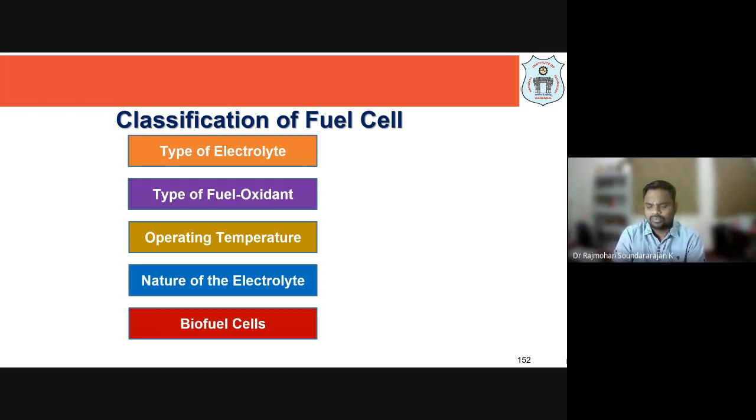Okay, so we are going to look into what are the different types of electrolyte that are being used. Based on the electrolyte, we can classify the fuel cells. And we have seen different types of fuel and oxidant, so based on that also we can classify the fuel cells. Majorly we are going to use hydrogen or hydrocarbon.